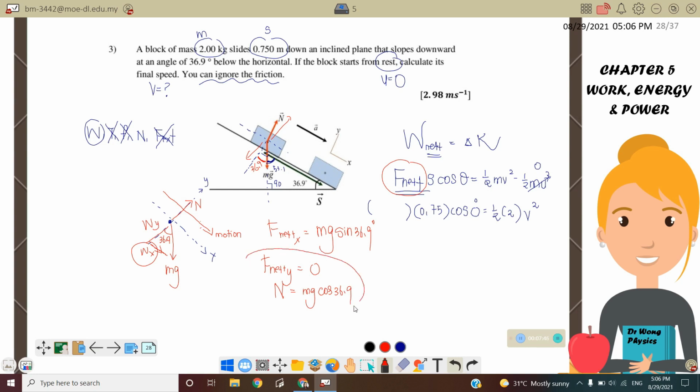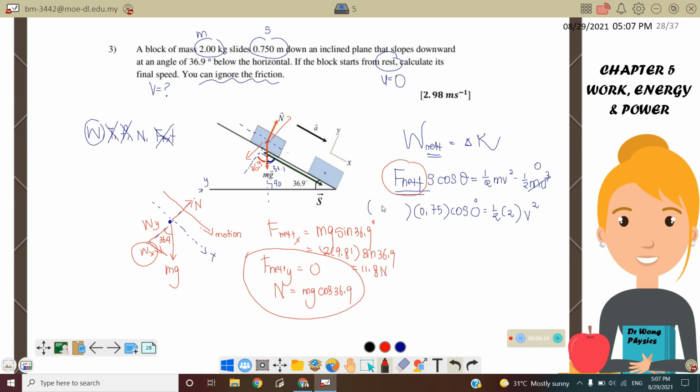But this part we can just ignore, because we don't want to find the normal force. We want to find F net for this question, so we substitute m is 2 kg, g is 9.81, sine 36.9. Finally, we will get 11.8 Newton.